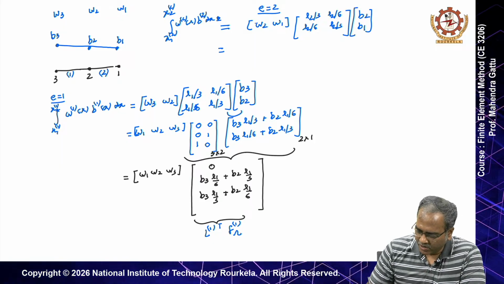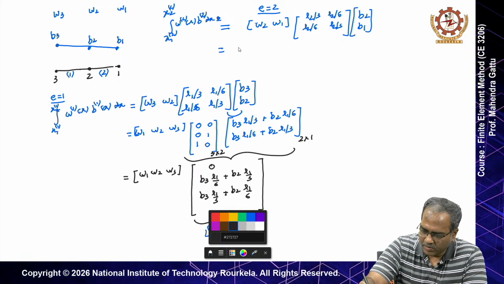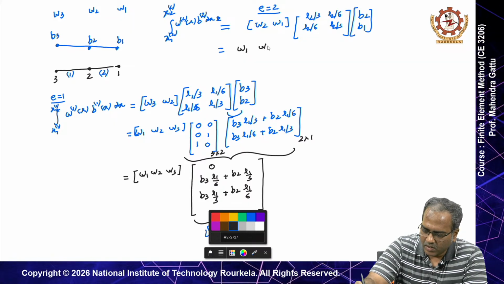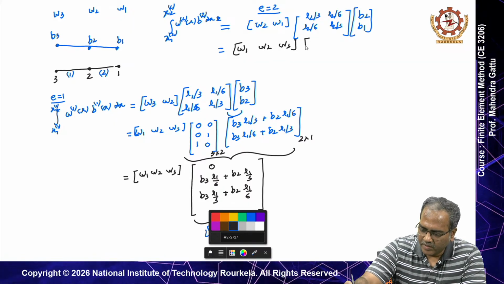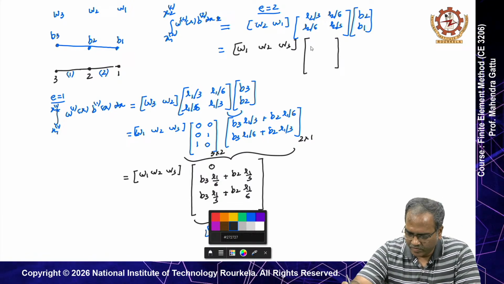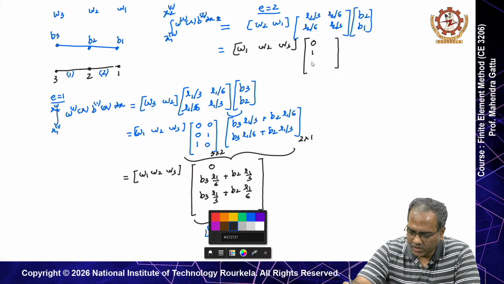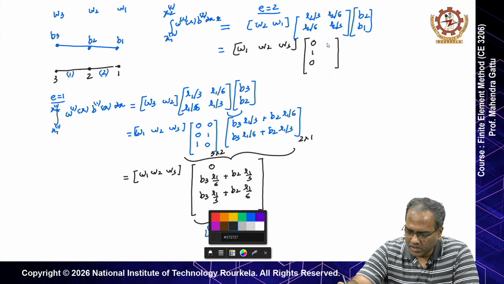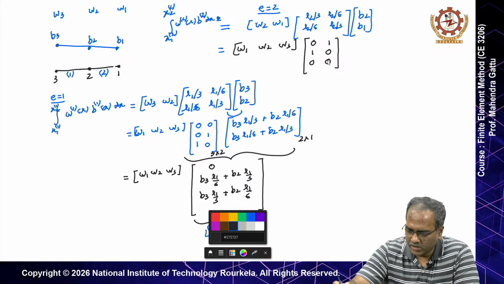Again we can do a scatter operation now. If you do a scatter operation, it will become W1, W2, W3, and for the first column only W2 has coefficient 1 and the remaining are 0, and for the second column only W1 has a coefficient and the remaining are 0.